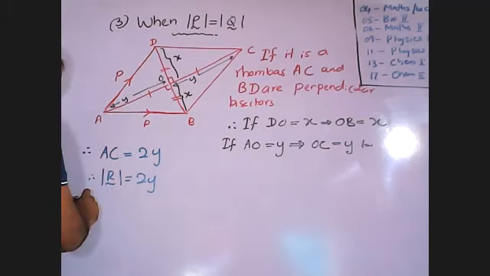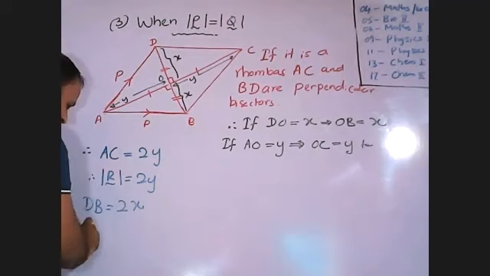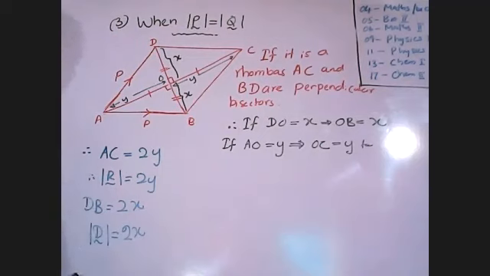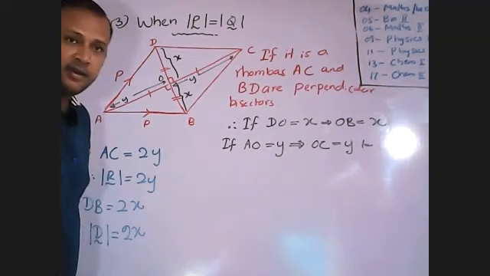Then DB length is equal to 2 times X. That means magnitude of difference is equal to 2X. So if I can find X and Y, then I can find the magnitude of R and D.